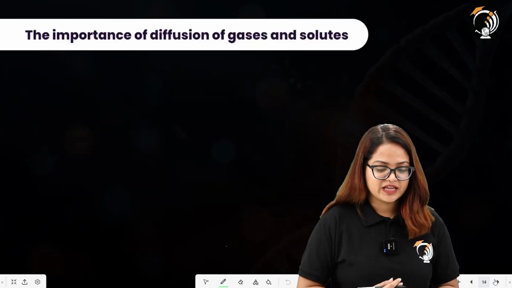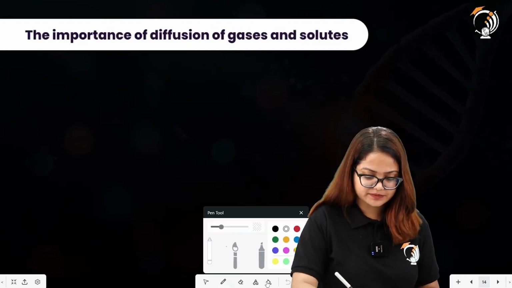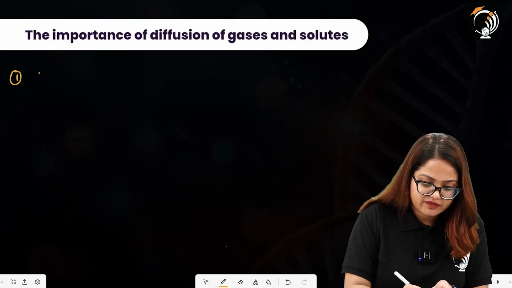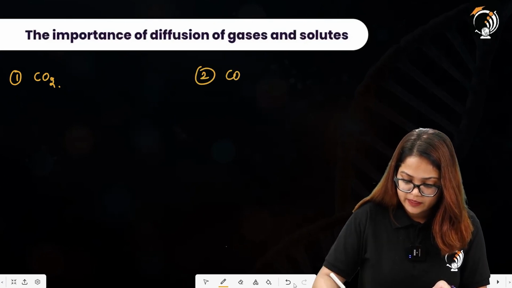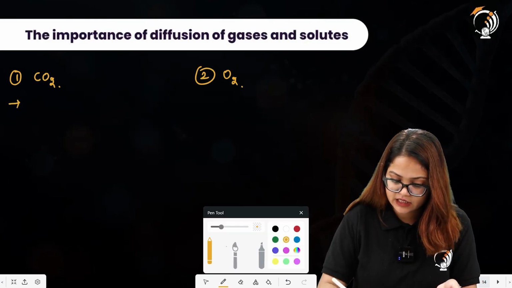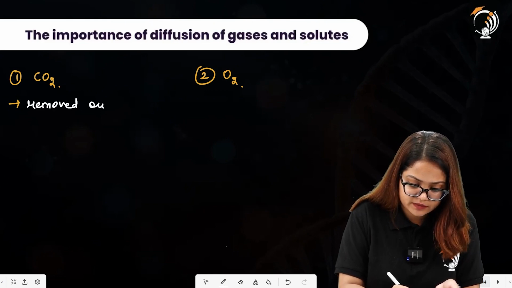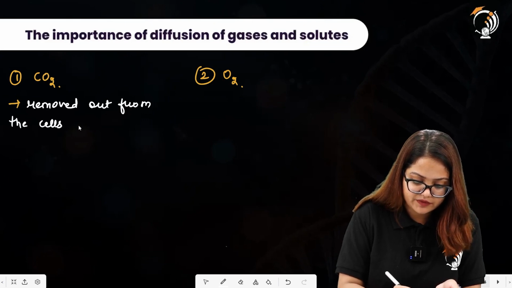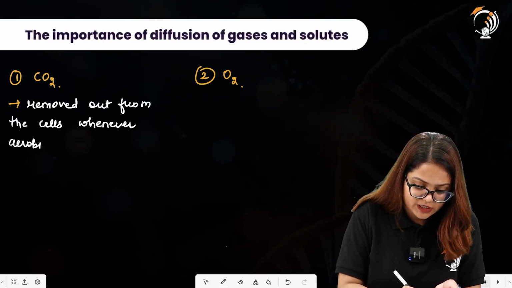Moving to the next part, the importance of diffusion of gases and solutes. So basically, talking about the gases, we have carbon dioxide and oxygen as well. Carbon dioxide is removed out from the cells whenever aerobic respiration occurs.